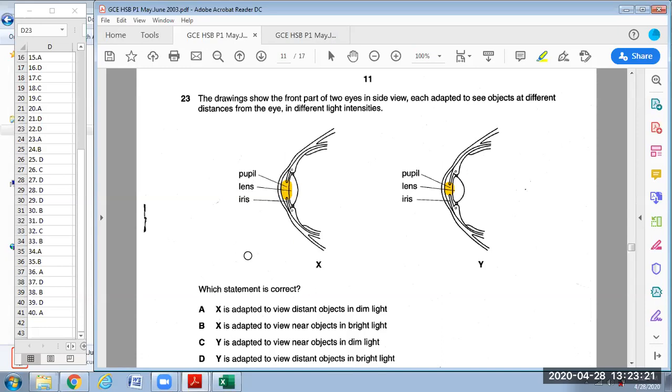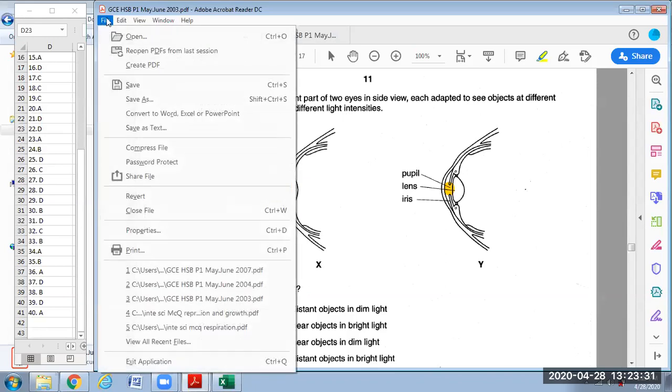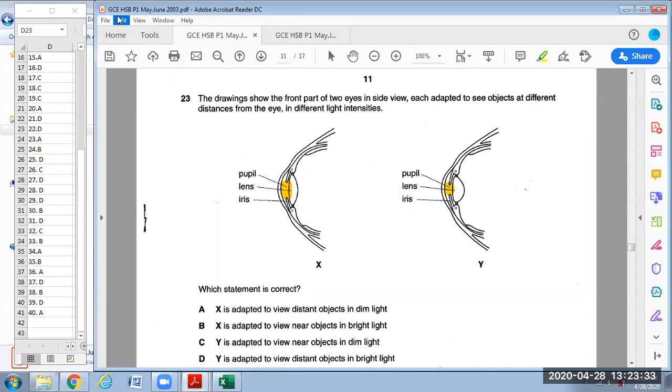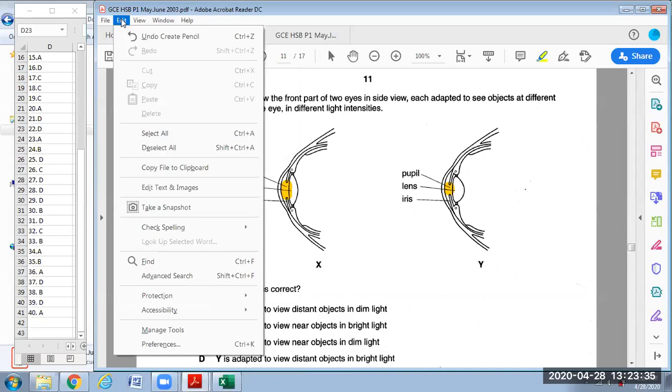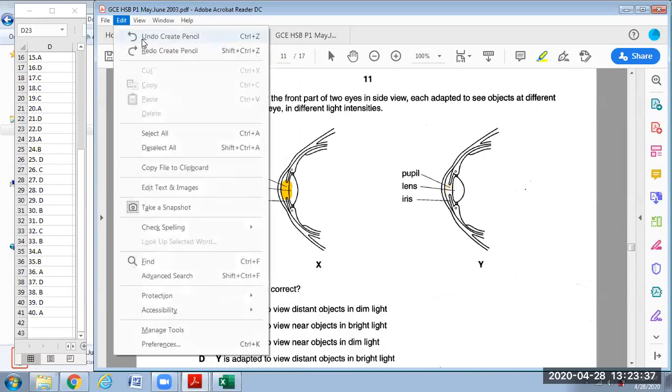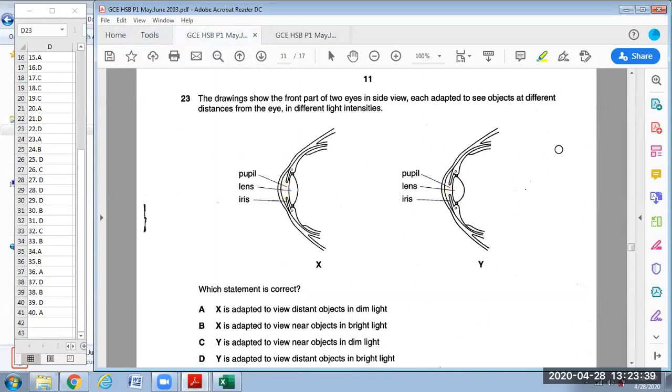And since they're looking at a distant object, the lens will turn thin. So 23 is A. You have to really learn, you have to absorb that note with accommodation and pupil reflex to figure this one out.